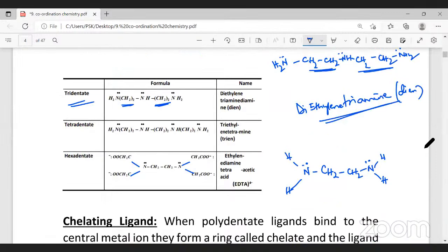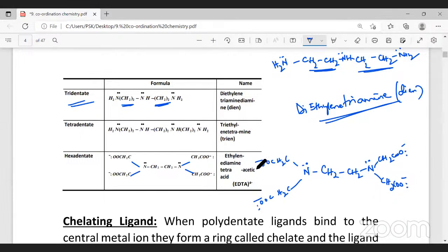Now, these hydrogen atoms, 1, 2, 3, and 4, are replaced by acetate ion, CH2COO minus, CH2COO minus, CH2COO minus, CH2COO minus. Now see here, these oxygens also can donate a pair of electrons.